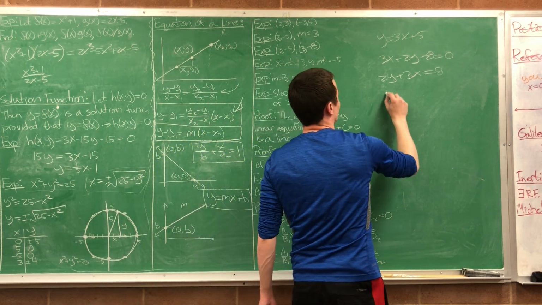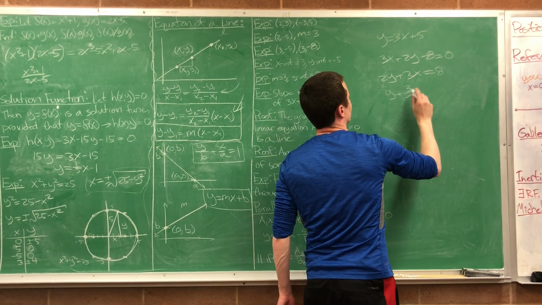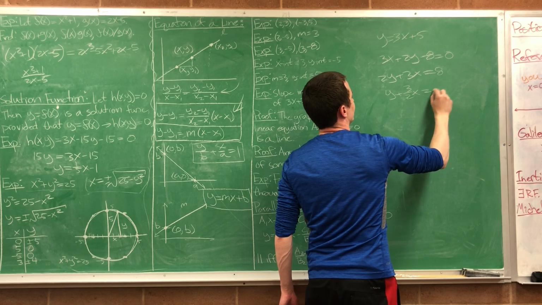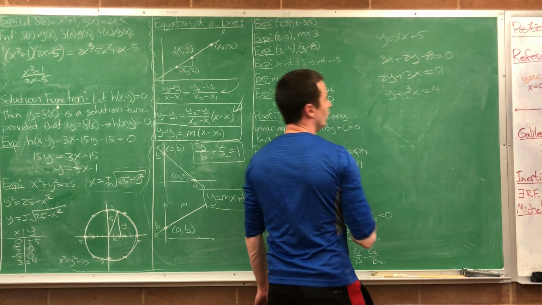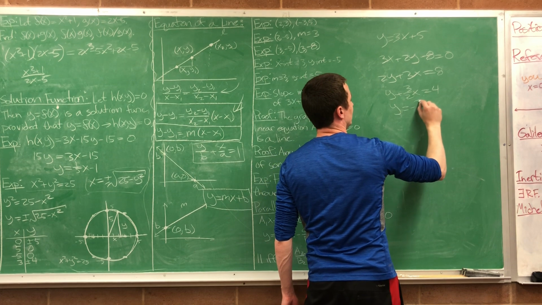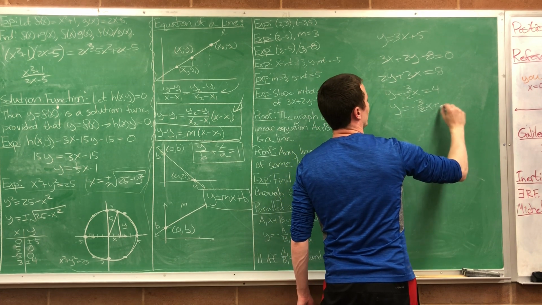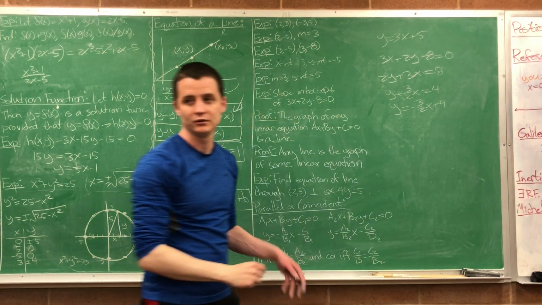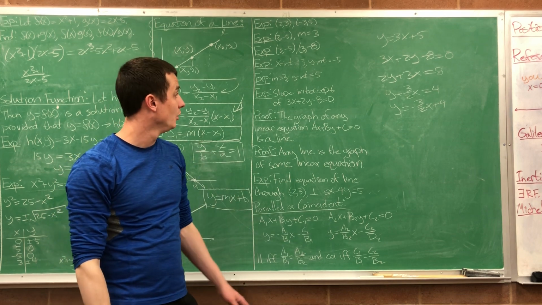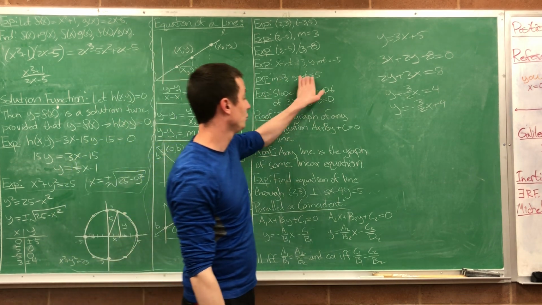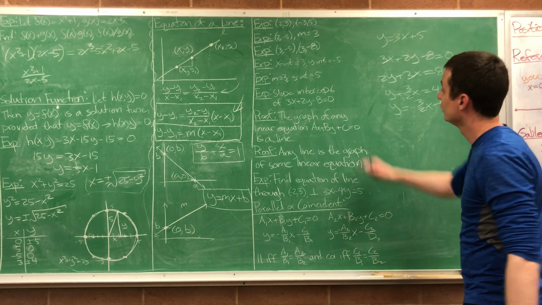Divide through by 2, and we get y plus 3/2 x is equal to 4, or y is equal to negative 3/2 x plus 4. And there's the slope-intercept form.